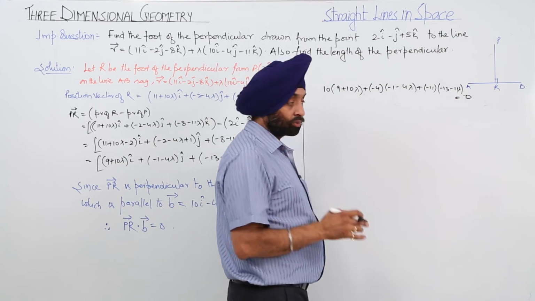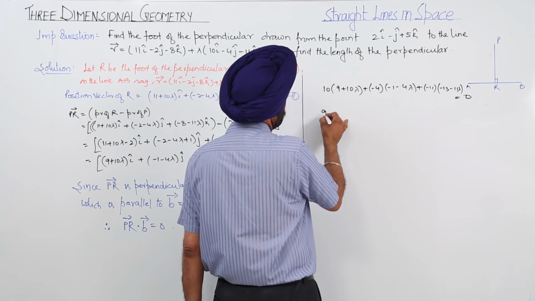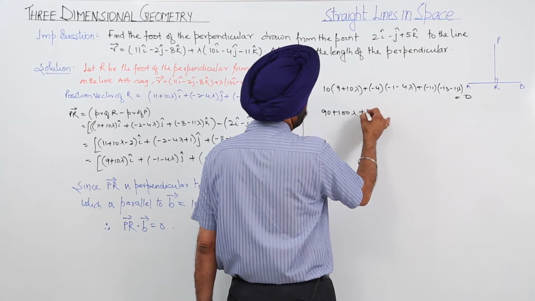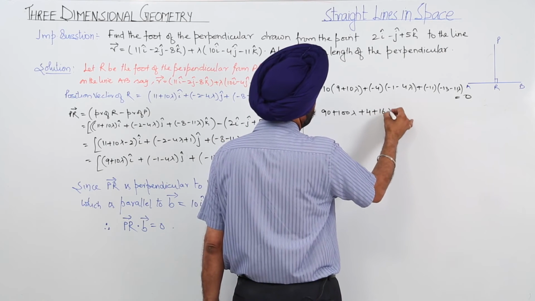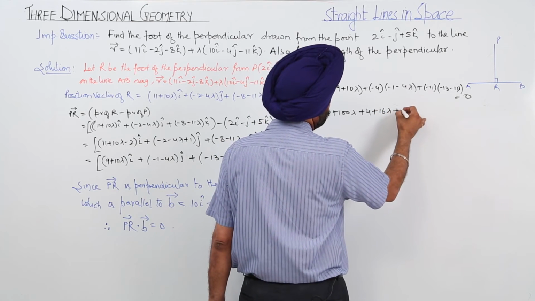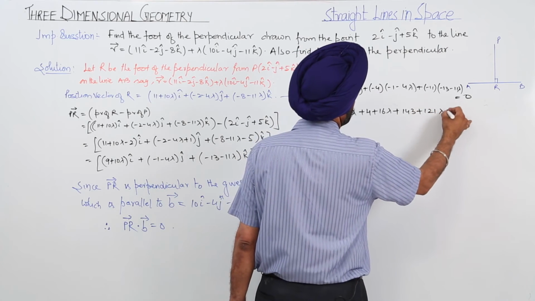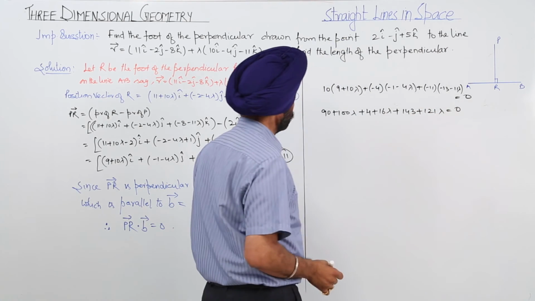Scalar dot product we are using. So now what we are having, 90 plus 100 lambda plus 4 plus 16 lambda plus 143 plus 121 lambda is equal to 0.